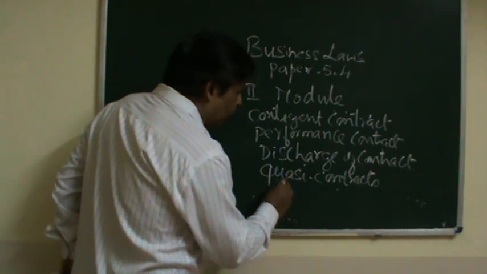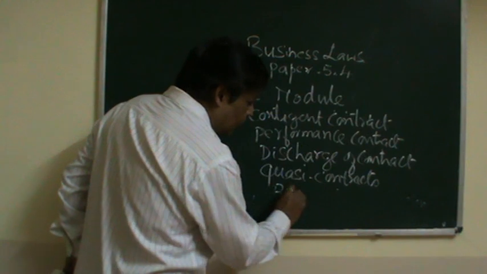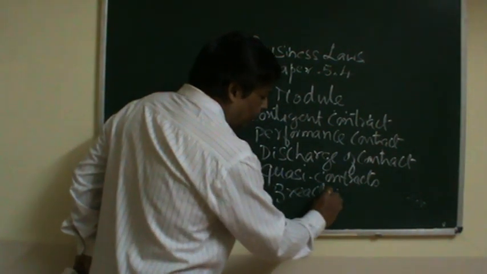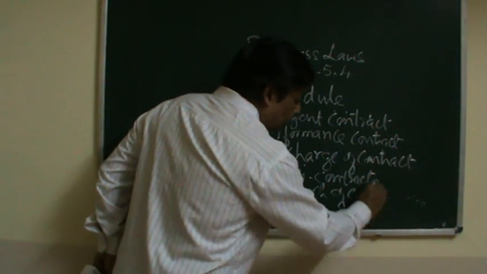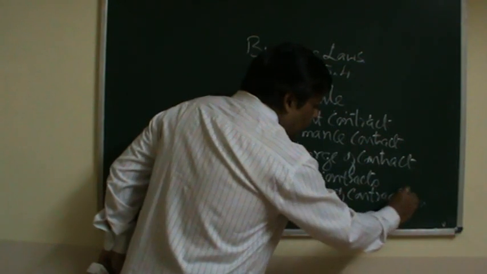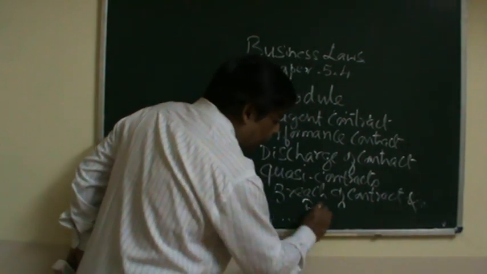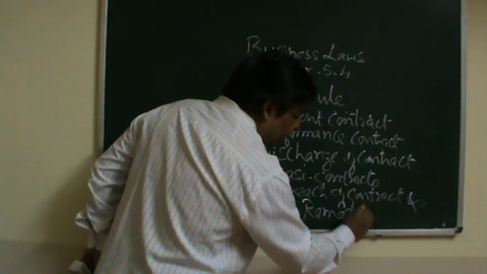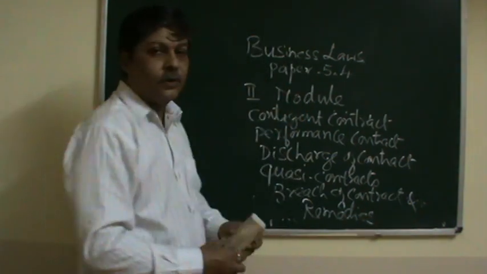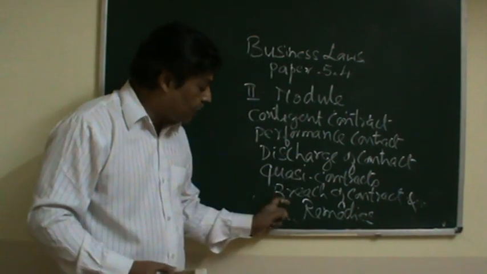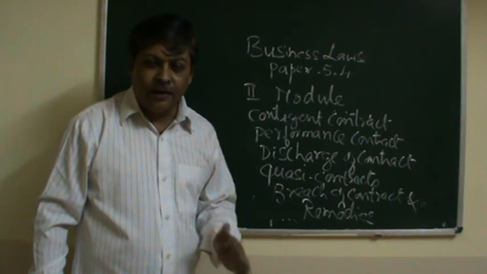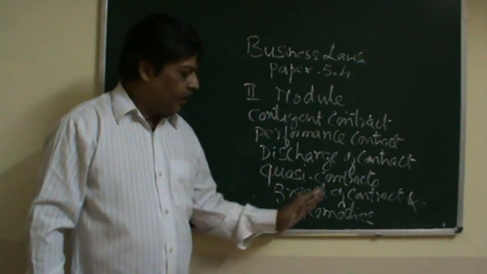And the last one in the second module is breach of contract. Breach of contract and remedies for the breach. So the breach of contract. What do you mean by the term breach? Breach is violating, breaking the contract.